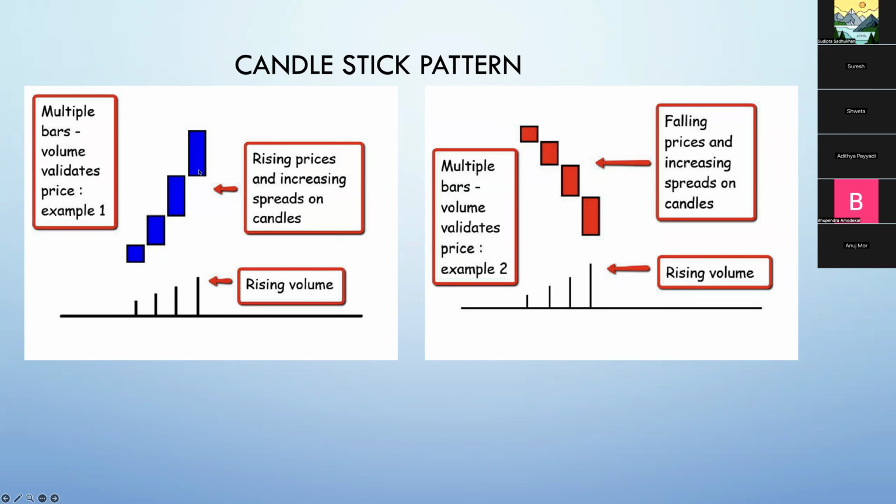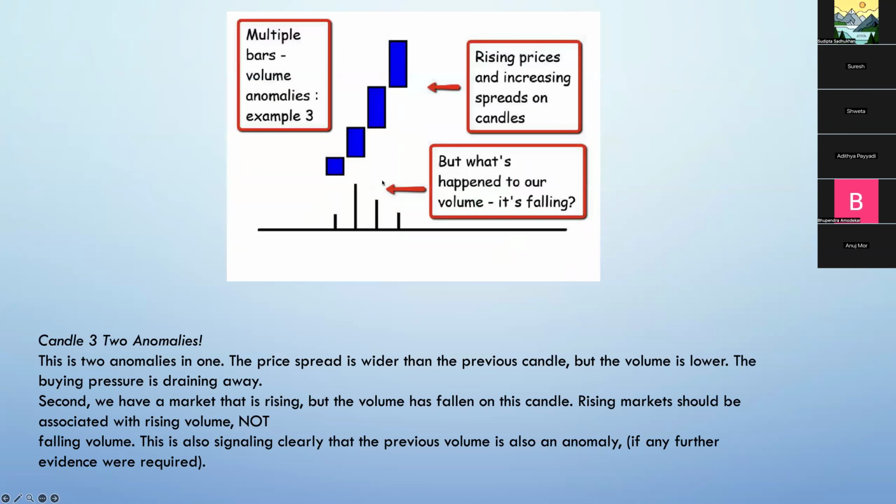Here also, like in an uptrend, let's say if it is going up with decreasing volume, that means there is something wrong. Price direction might change at any point of time. Like this one, price is going up, but the volume is not supporting the price action.